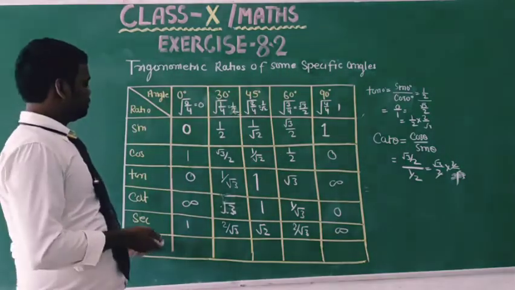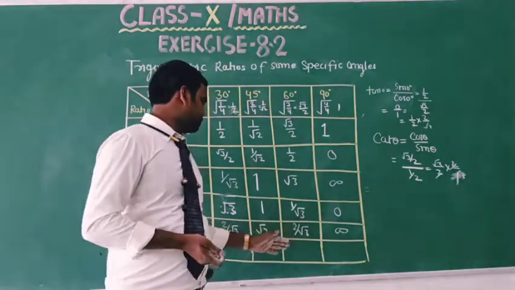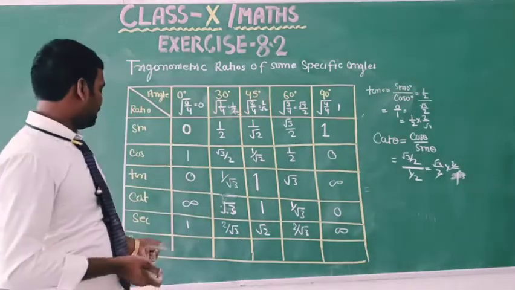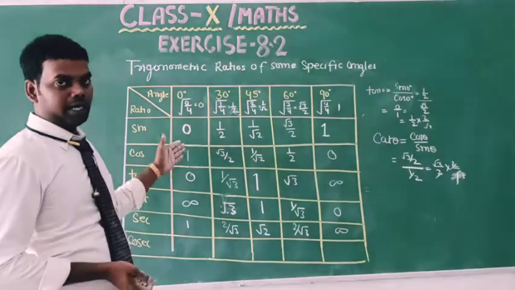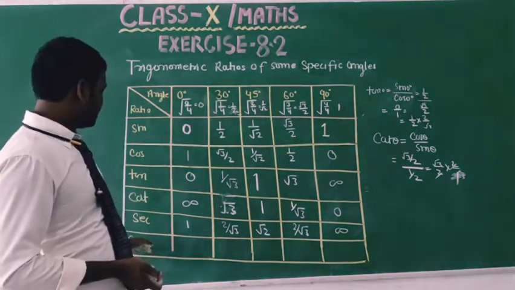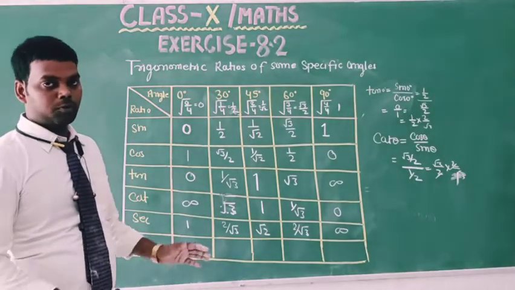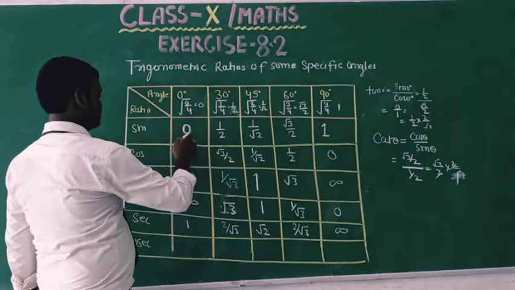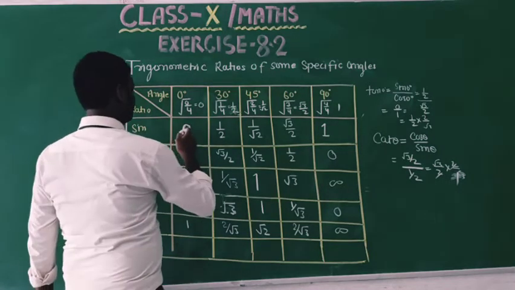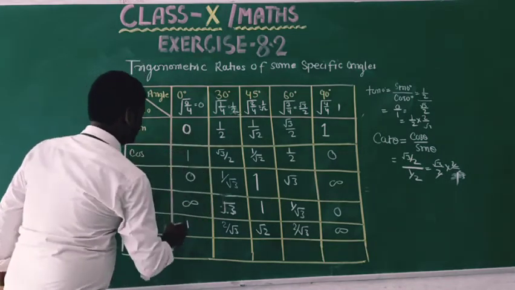For cosec, write the reverse of sec, taking the reciprocal of sin, because of the reciprocal relation, cosec theta equal to 1 upon sin theta. So write all the reciprocal values of the sin angles.